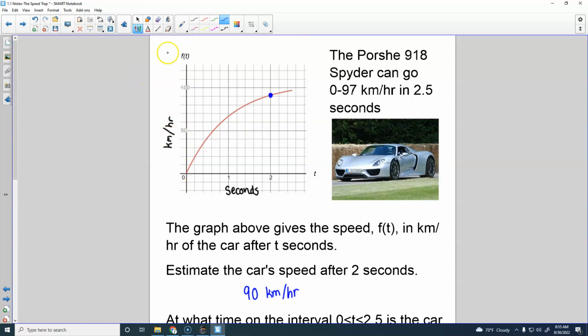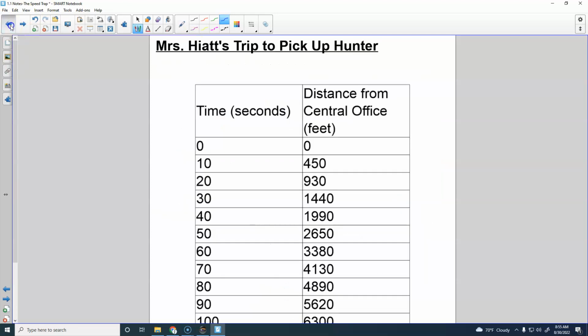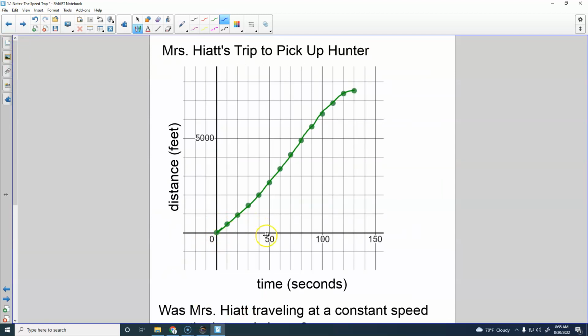This is the graph of our speed, right? Well, the graphs that we were looking at before were not the graphs of our speed. They were the graph of our distance that we had traveled. So if we looked at the graph back here, if I want to know speed at 50 seconds, I needed to look at slope, because I needed to look at distance divided by time, right?